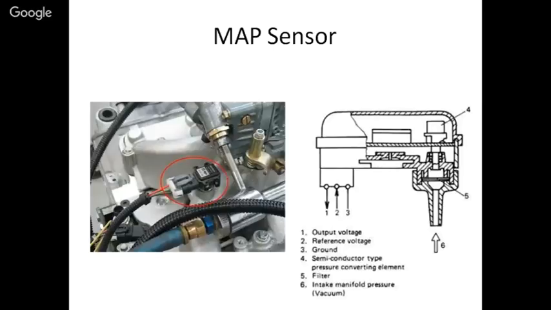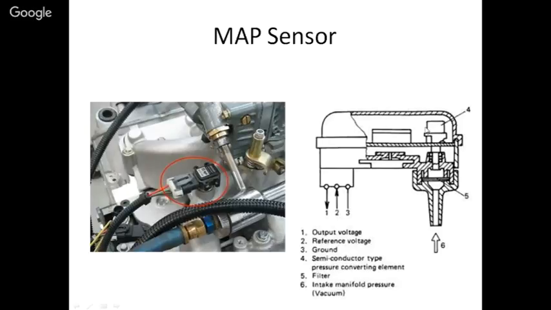Next, we have the MAP sensor or manifold air pressure sensor. You can see it is mounted here. Mostly piezoresistive type sensors are used for MAP. The air from the manifold is exposed to this number 4, which is the actual sensor.